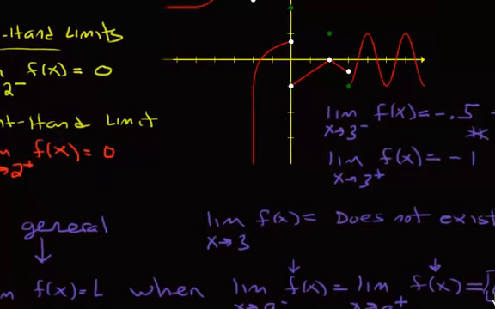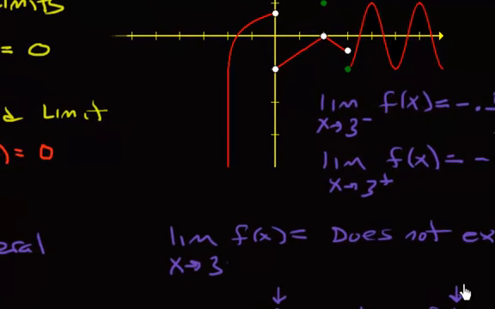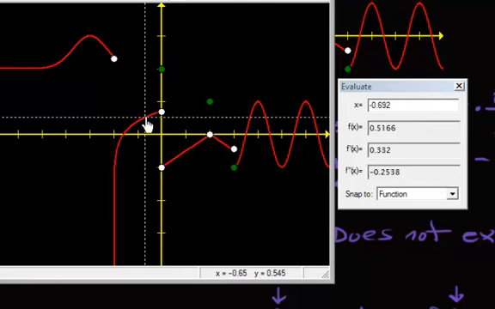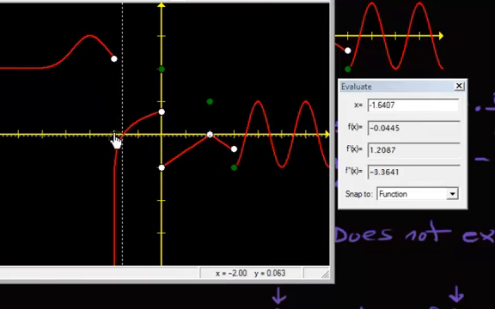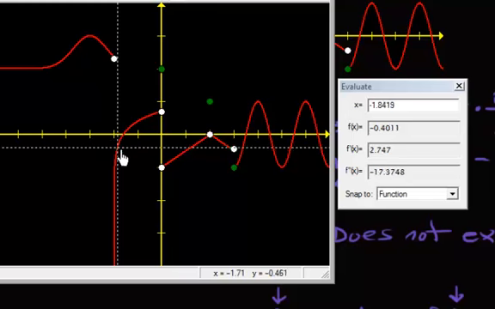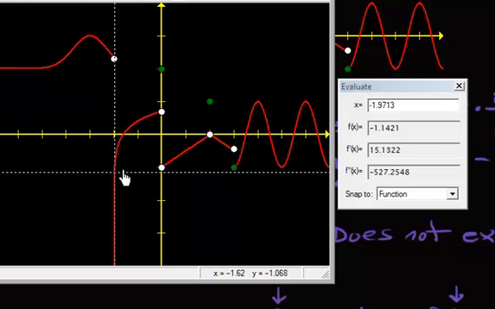Okay, so I do want to go over one more example, which is this one right here. Now what happens when we, here's x equals negative 2 right here. What can you see is happening to this graph as we're getting close to negative 2? You can see my y values going down, right? And they just keep going down.